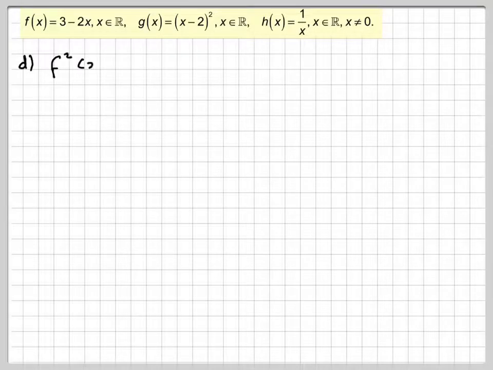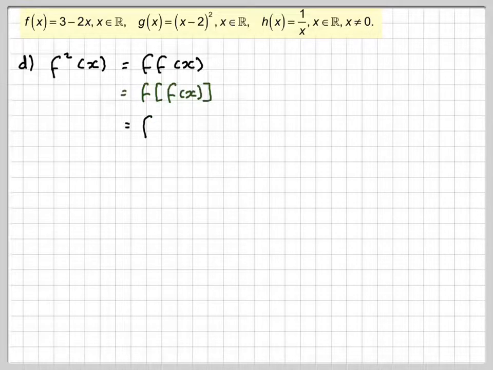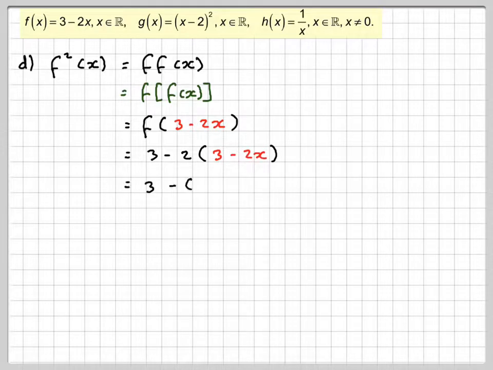Right. f squared means we just do f twice, so it's f of f of x, which is f of 3 minus 2x. So we put 3 minus 2x into itself. We're going to get 3 minus 2 times (3 minus 2x), so 3 minus 6, multiplying out the bracket, plus 4x.